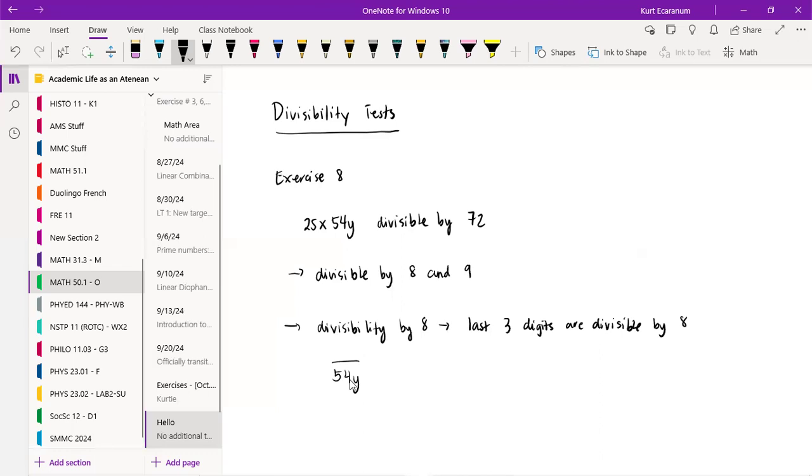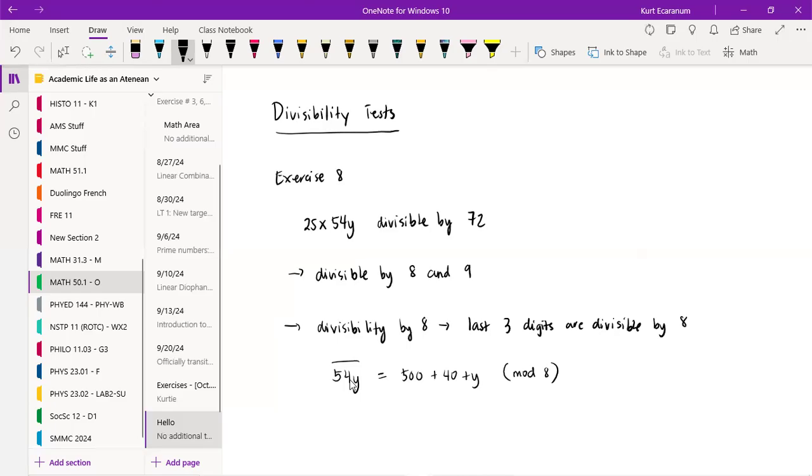The y is a digit and it's not 54y or 54 times y. So this is equals to 500 plus 40 plus y, which is divisible by 8. So, mas magandang mag-mod 8 na lang tayo since we're doing modular arithmetic all along.